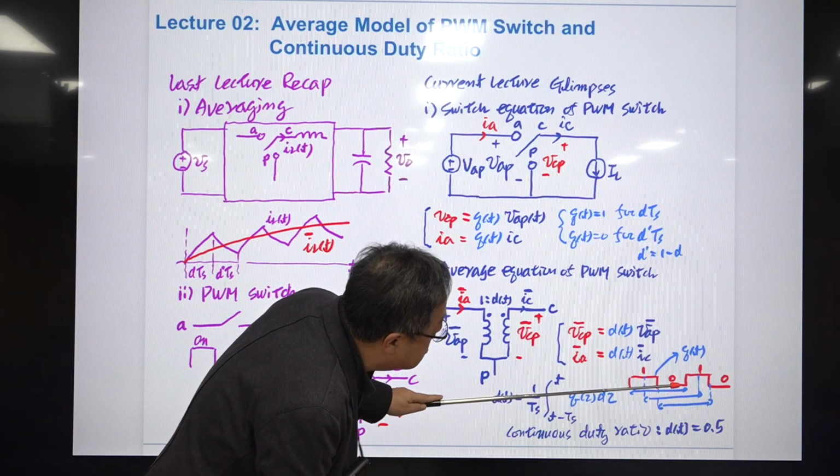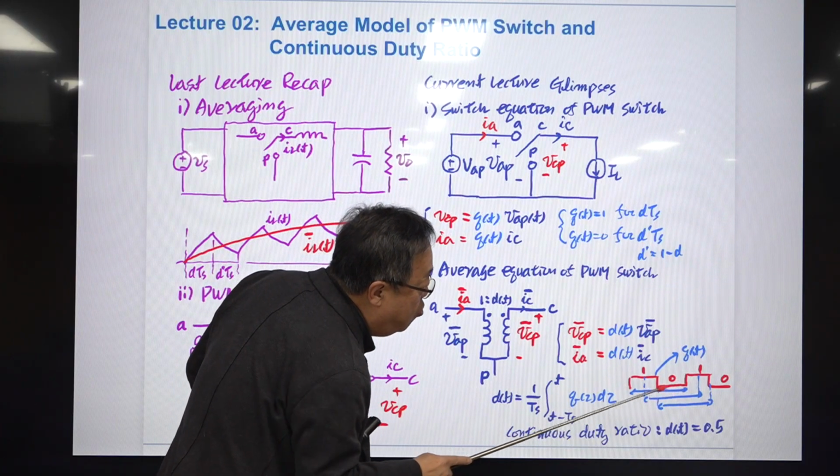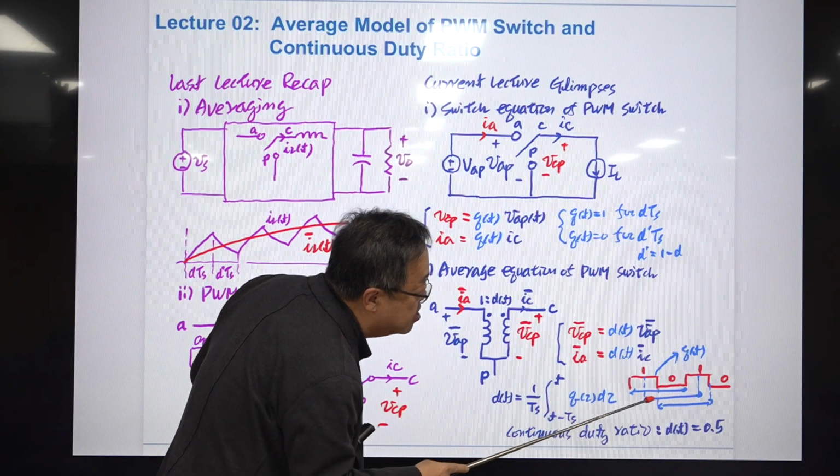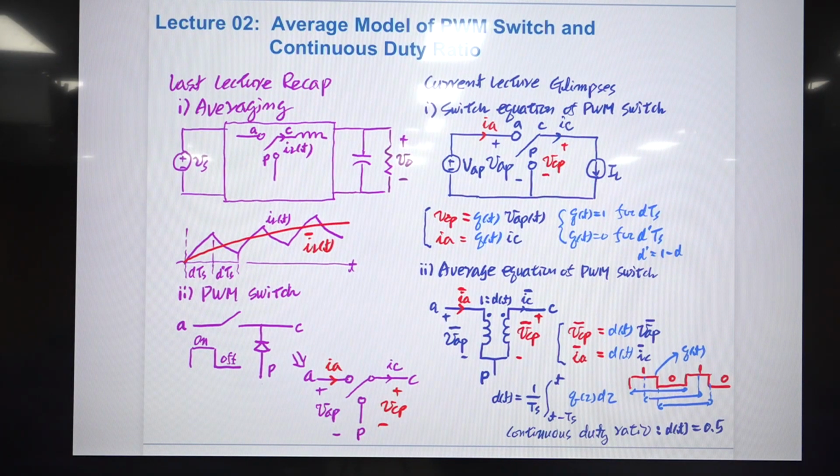Then this value becomes 0.5, and we slide this evaluation window by this much. Then still this is 0.5, because here we are losing this much, but we are gaining this much, the same area. So this duty ratio remains the same, and this value is 0.5.